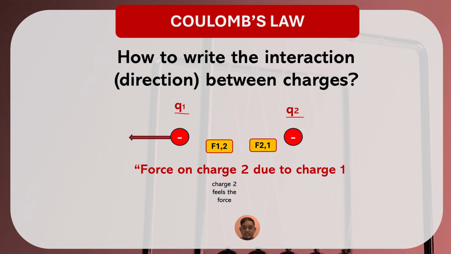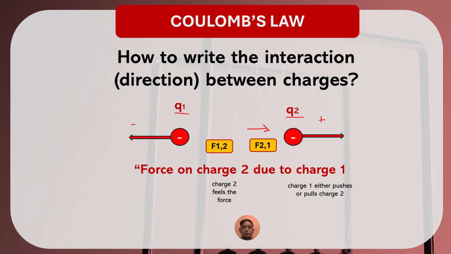Since they are like signs, charge 1 will have to push charge 2 away. So that's why we have a direction going to the right, which is positive in our sign convention, and we'll have negative if it's to the left.